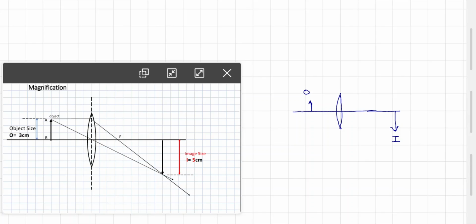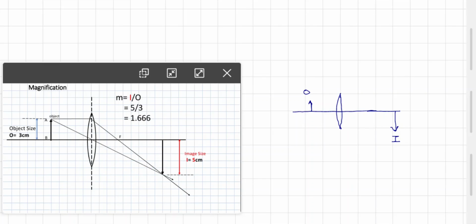When we talk about magnification, it is nothing but the ratio of this size and this size. If you observe, the object size is say 3 and the image size is say 5. So I upon O, that is 5 upon 3, is equal to 1.66.